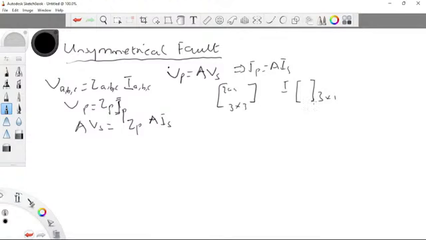If we want to do a matrix multiplication, we can't do I times Z, because we can't do 3 by 1 times 3 by 3. That's why we write Z times I. So from here, if we continue, we have V_S given as A inverse Z phase A I_S, and if we do V_S over I_S, we have A inverse Z phase A.